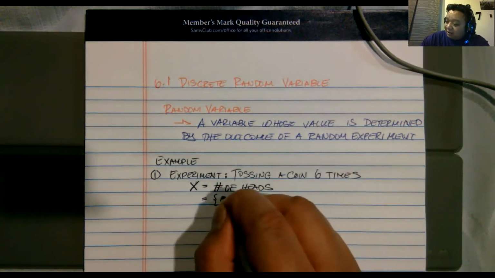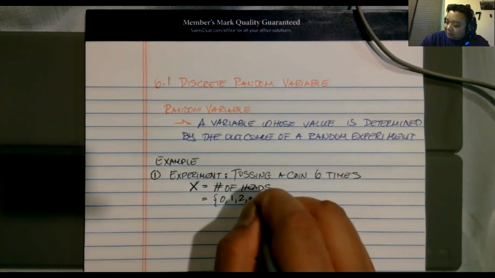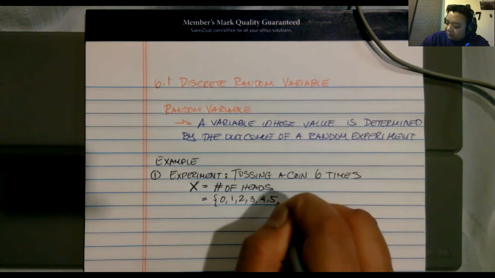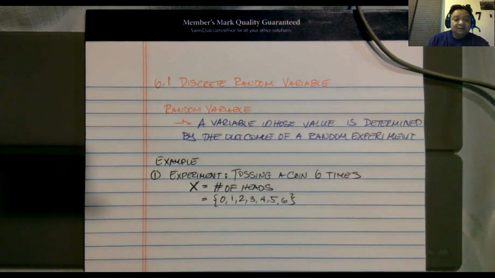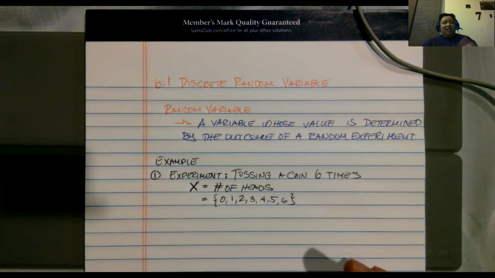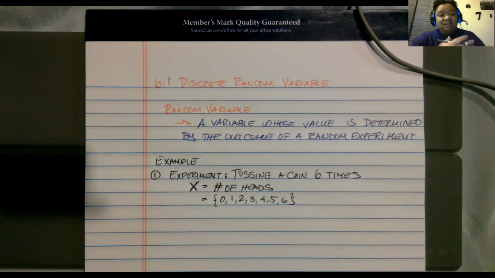So it would be 0, 1, 2, 3, 4, 5, and 6. Those are the possible outcomes of your experiment, and notice the outcomes are numerical. Even though tossing a coin gives you heads or tails, in this case we are counting the number of heads, and that gives us a random variable. Okay. Any questions?